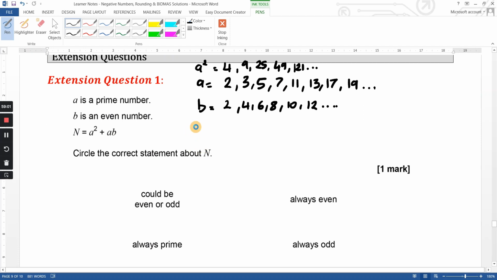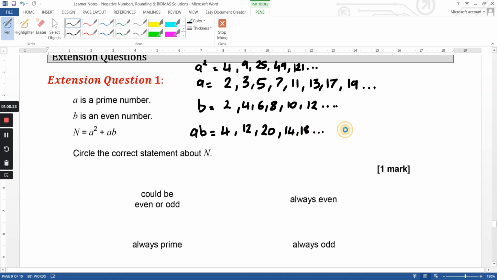And a times b could be something like 2 times 2, which is 4. We could have 3 times 4, which is 12, or you could have 5 times 4, which is 20, or 7 times 2, which is 14, 3 times 6, which is 18.